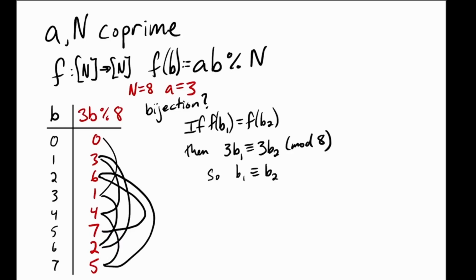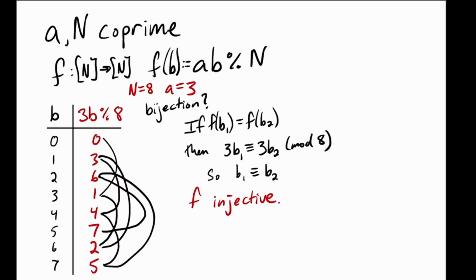Now there would be nothing different about any of this if I replaced the 3 with any a co-prime to 8, and actually if I pick 8 to be any n. So this same argument applies. So this gives us the fact that f is injective, or 1-to-1. This is the definition of what it means to be injective. If you apply the function to different values, you get different values.